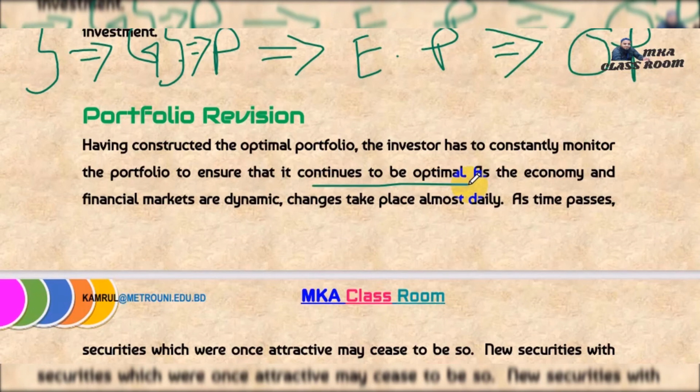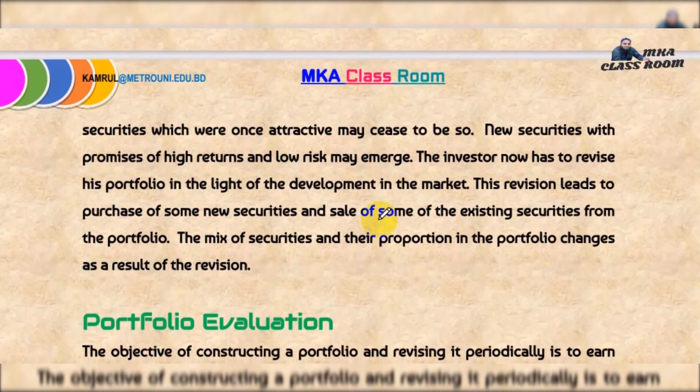As the economy and financial markets are dynamic, changes take place almost daily. As time passes, securities which were once attractive may cease to be so. New securities with promise of high return and low risk may emerge.